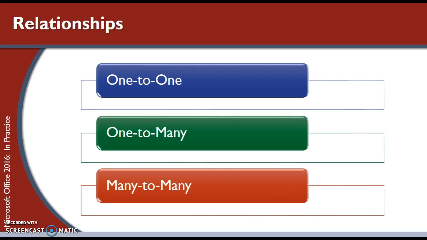In order to relate a many-to-many, you actually create, I actually call it cheating, a table in which you take the primary key from both of those many tables and you create one separate table. And then once you do that, you join them together to create two one-to-many relationships.